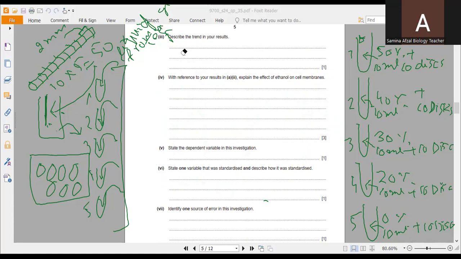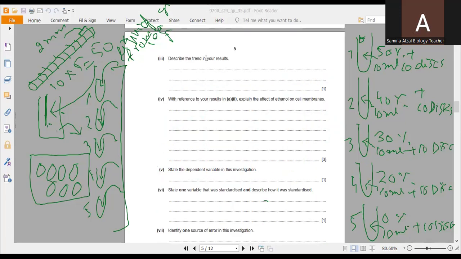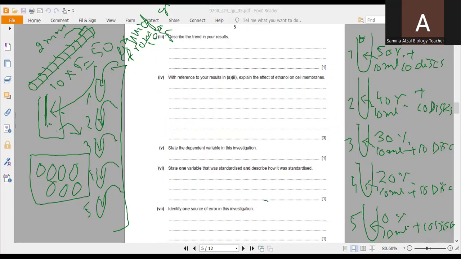Those are factual answers, and factual answers are always the same wherever you are writing and from wherever you are getting those answers. So keep in mind, marking scheme is also compulsory for all this. Don't forget this. Marking scheme is also compulsory.